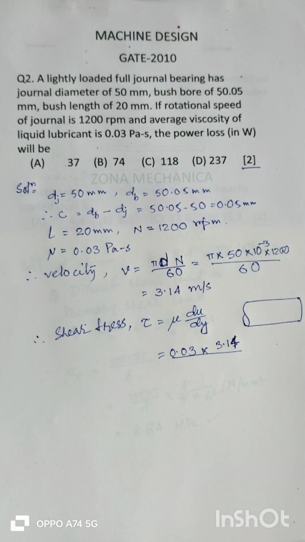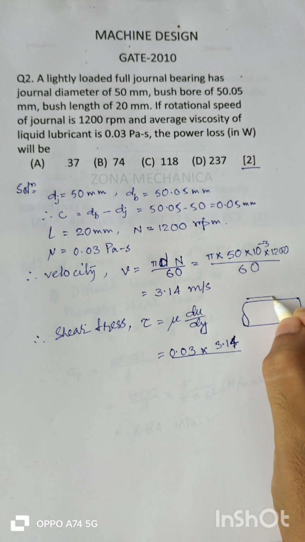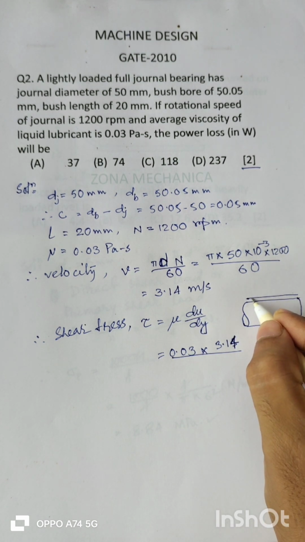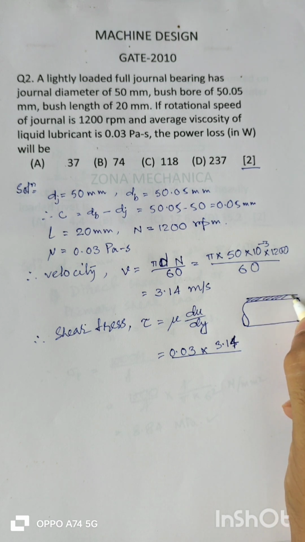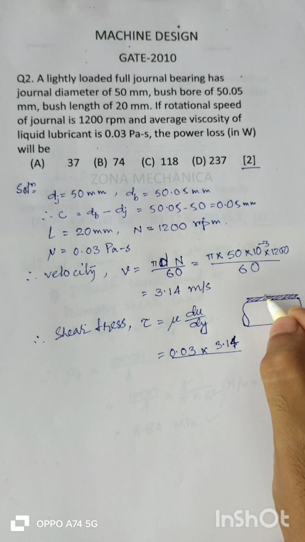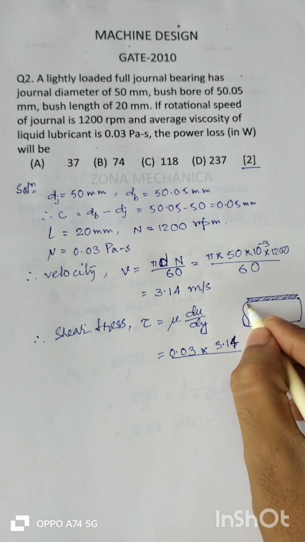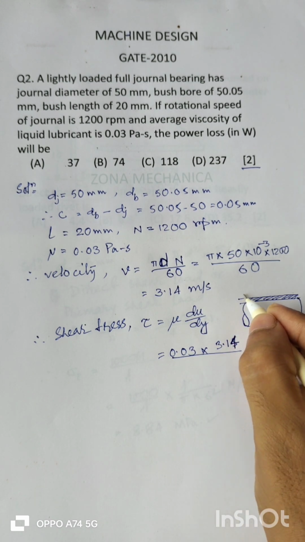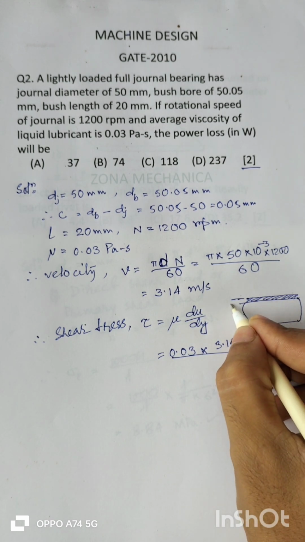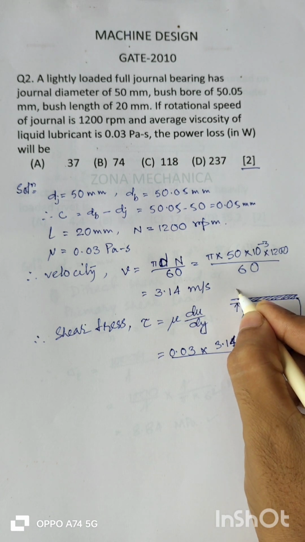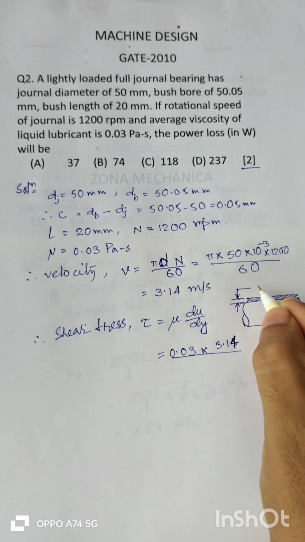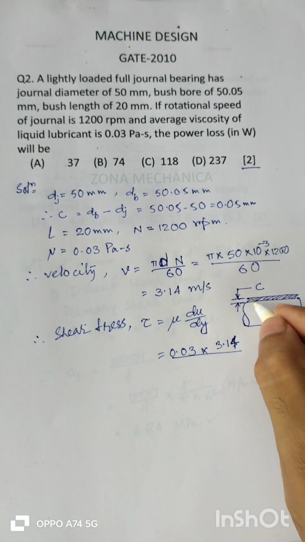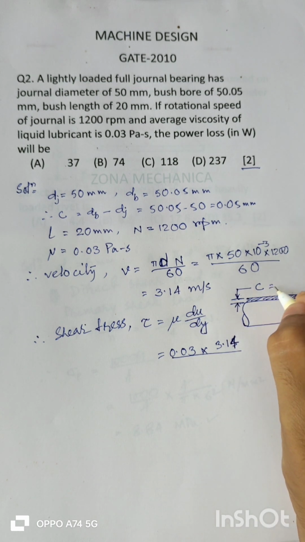Suppose this is the shaft and this is the clearance between the shaft and bush. This is the bush surface and this is the shaft surface. So clearly this is the clearance C, and here this is dy.